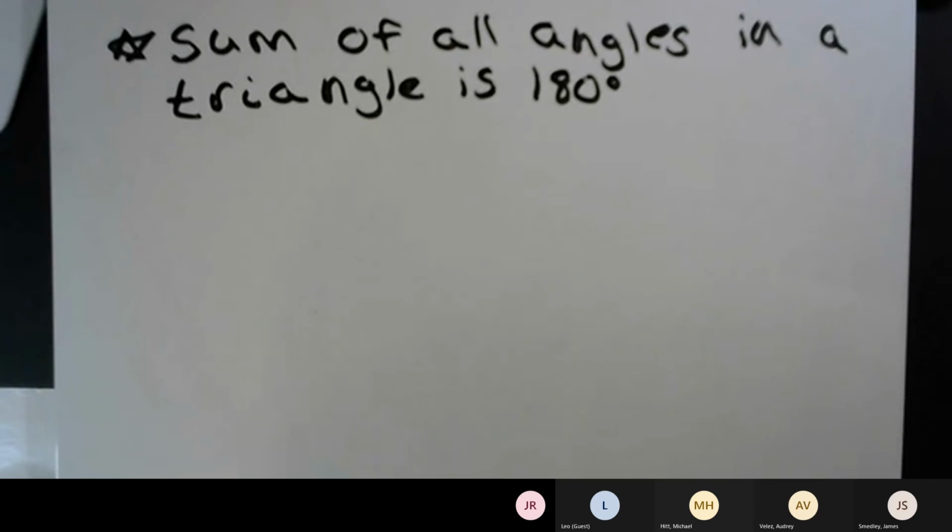The sum of all angles in a triangle is 180 degrees.